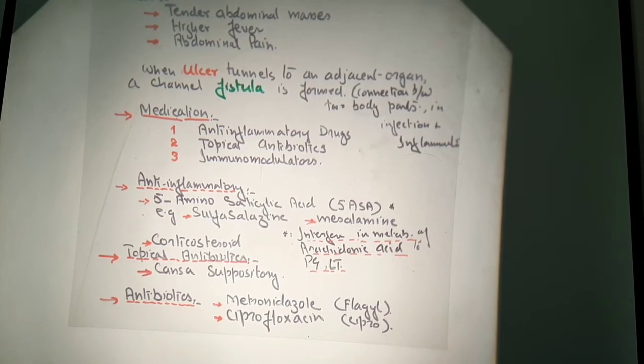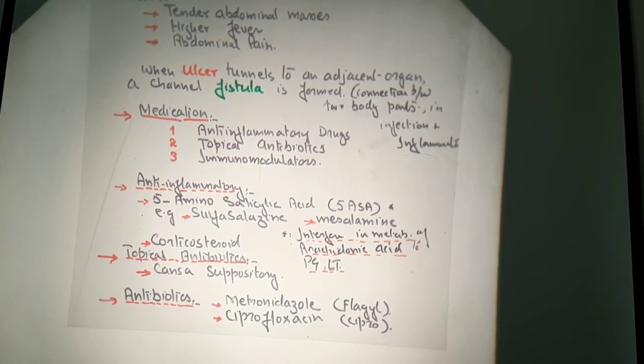So what is the medication for this inflammatory bowel disease? The medication is anti-inflammatory drugs. You know that anti-inflammatory drugs are those drugs which inhibit inflammation. Inflammation is, you know, when there is accumulation of fluid, it may cause swelling or edema, pain, redness, and an increase in body temperature.